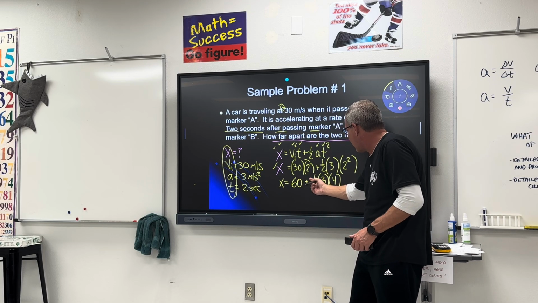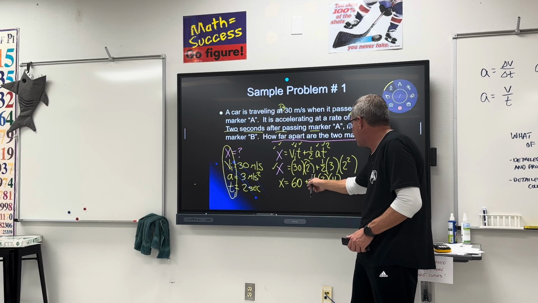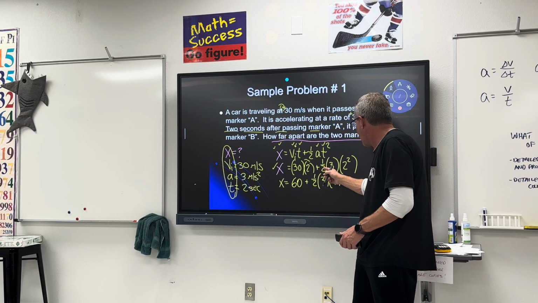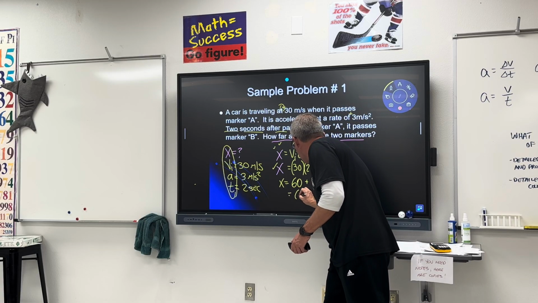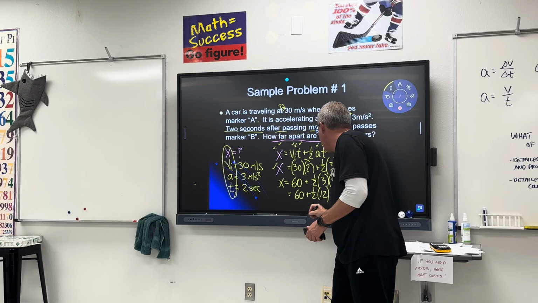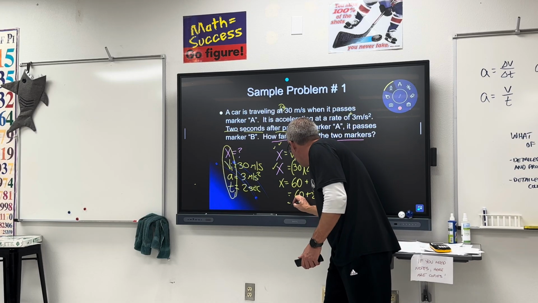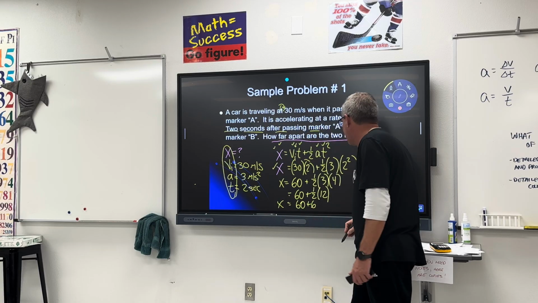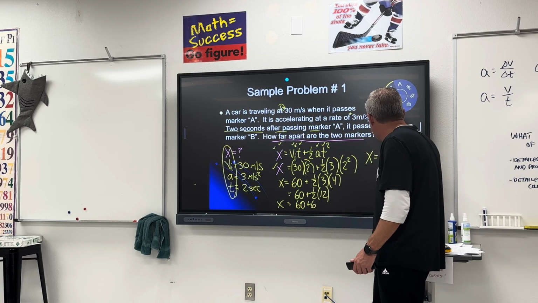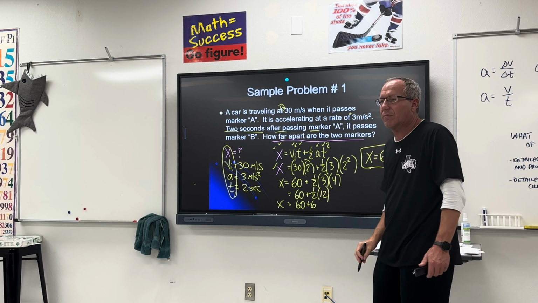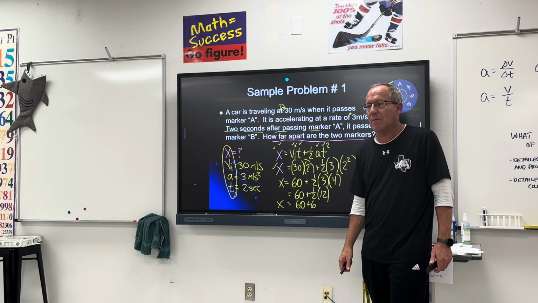I'm going to do 1/2 times 3 times 4. 3 times 4 is 12, so I'm down to 60 plus 1/2 of 12. What's 1/2 of 12? It's 6. 60 plus 6 is 66. My displacement is 66 meters. There's my answer. Does everybody see this?